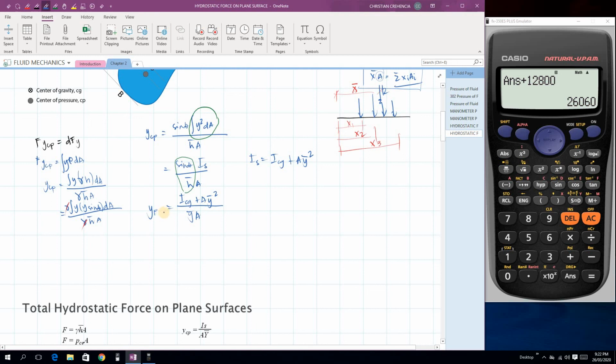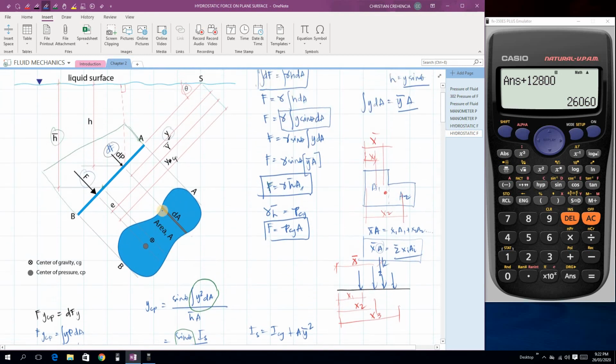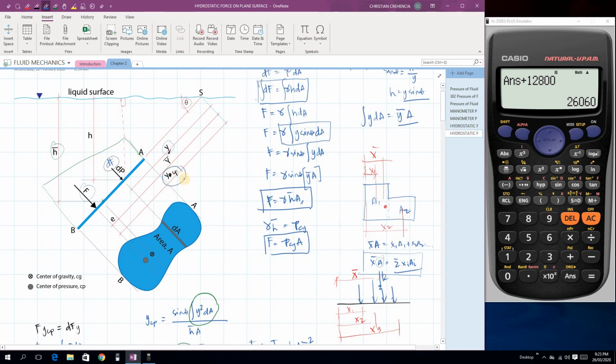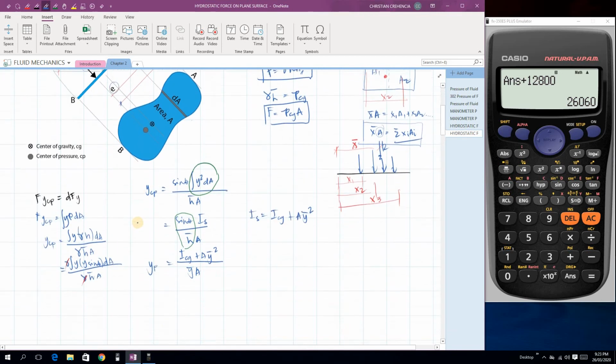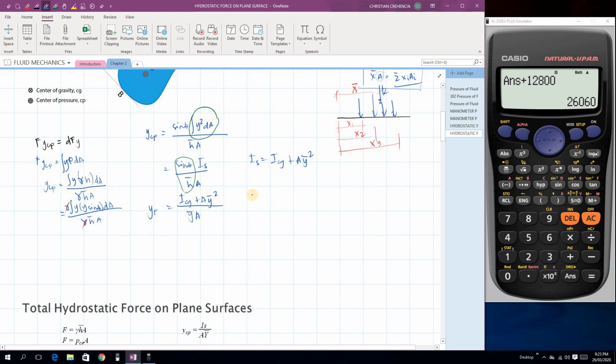Okay, so from the figure, Y_CP is equal to, from the liquid surface to the center of pressure, that is equal to y bar plus E. Okay? So our Y_CP, the center of pressure, is equal to y bar plus the distance E.